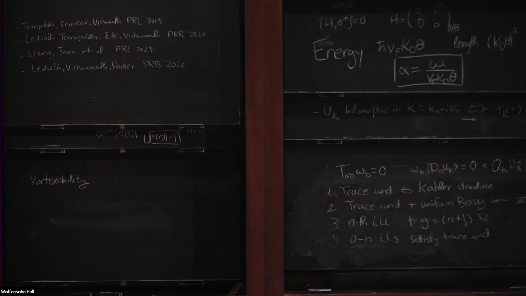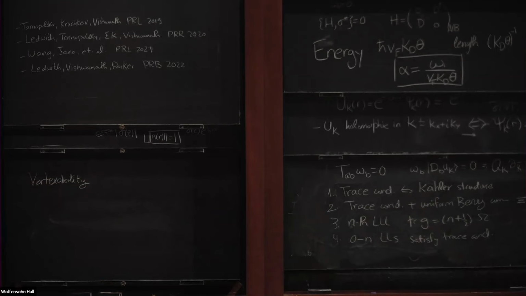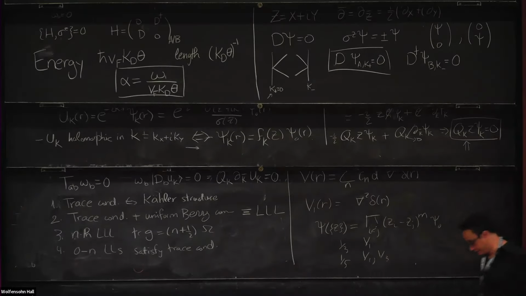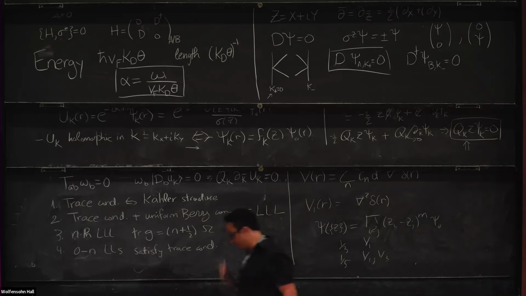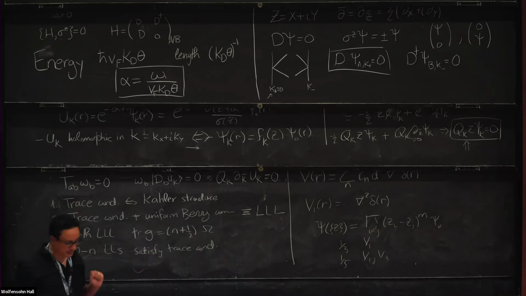So we can see that this condition is actually the definition of a vortexable band. Of course, phrased this way, vortexability is a conceptually new way to look at the structure and to understand its physical implication.